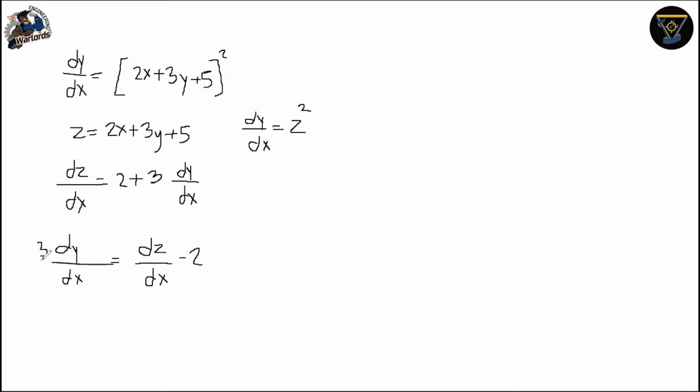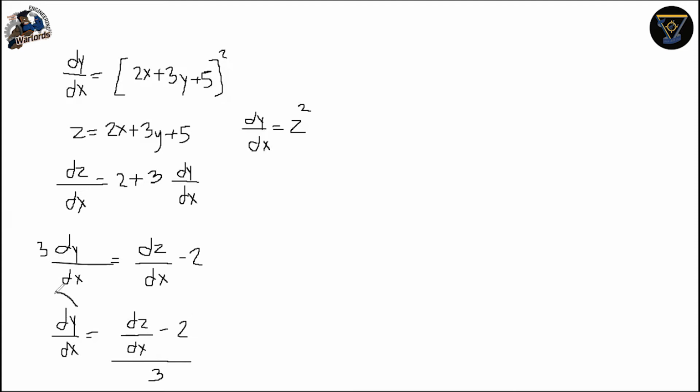And now we need to get rid of the 3. So dy over dx is equal to dz over dx minus 2. And see that it's being multiplied by dy over dx, we need to divide, so this would just be all over 3.